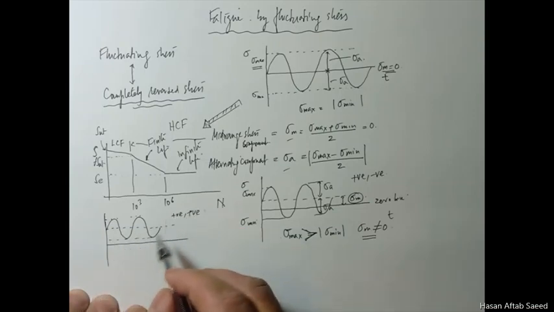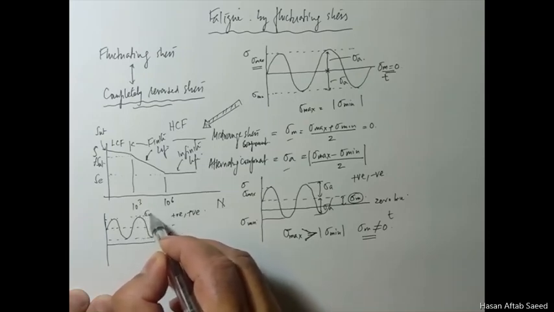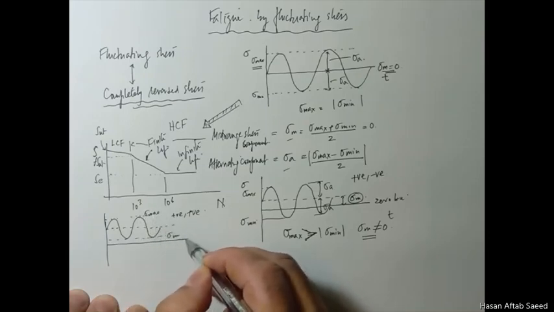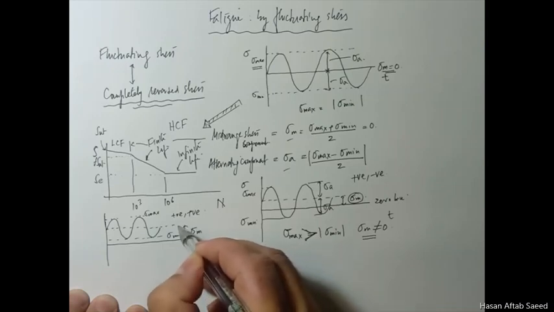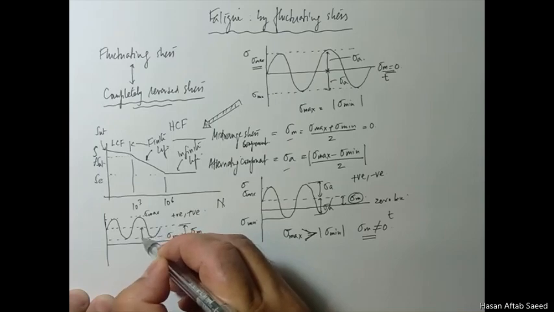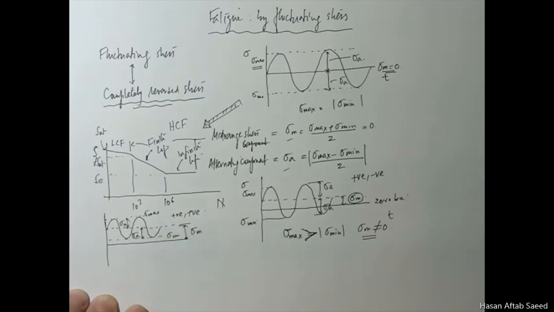Similarly, this line is sigma min, this line is sigma max, sigma m, and when you reach this, then you have sigma a, and you again have sigma a. This is again a fluctuating load because the mean stress is not equal to 0.